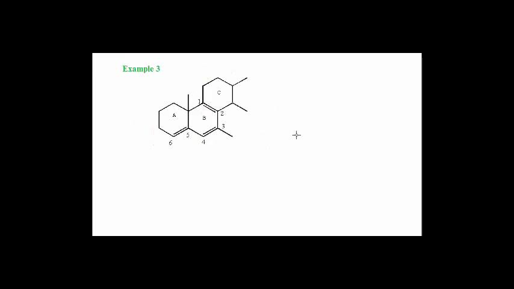Alright, let's work a third example. In this example we have 3 rings that are fused. You can see that there are now 3 CC double bonds. They're all conjugated. From these we have to choose the diene which will represent the starting base structure. And we have 2 possibilities. We have these 2 double bonds.